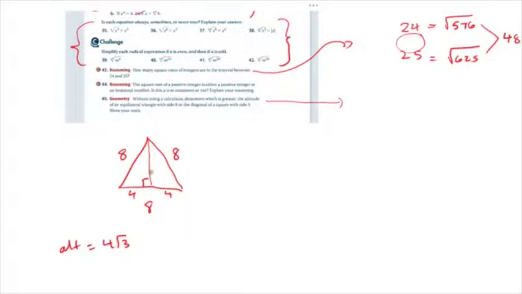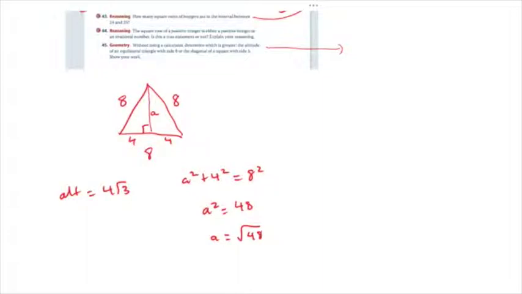The student who didn't remember might have said, here's my altitude, a squared plus 4 squared equals 8 squared, and would have finally got down to 64 minus 16, 48. A is the square root of 48. I would put plus or minus and all that stuff if you want the in-between steps, but since it's a positive distance, I'm going to go with the positive.